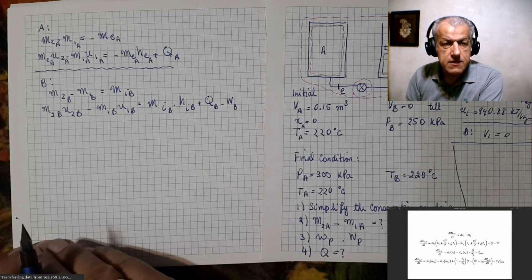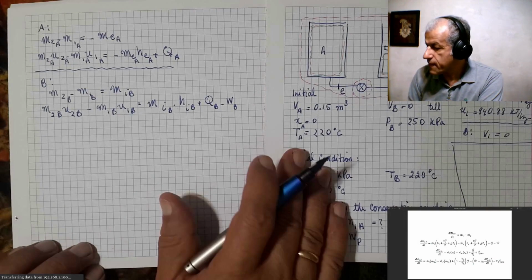So this is the work done by B. So we have both QA and QB.